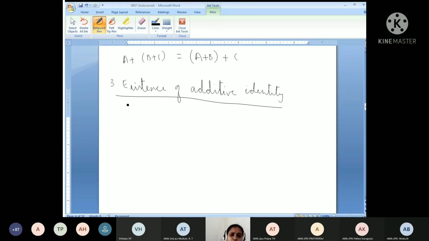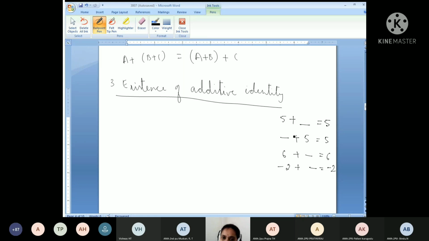See, in algebra, what will be the additive identity? 5 plus something must give 5, or something plus 5 must give 5. Or one more example, 6 plus something is equal to 6, or minus 2 plus something is equal to minus 2.